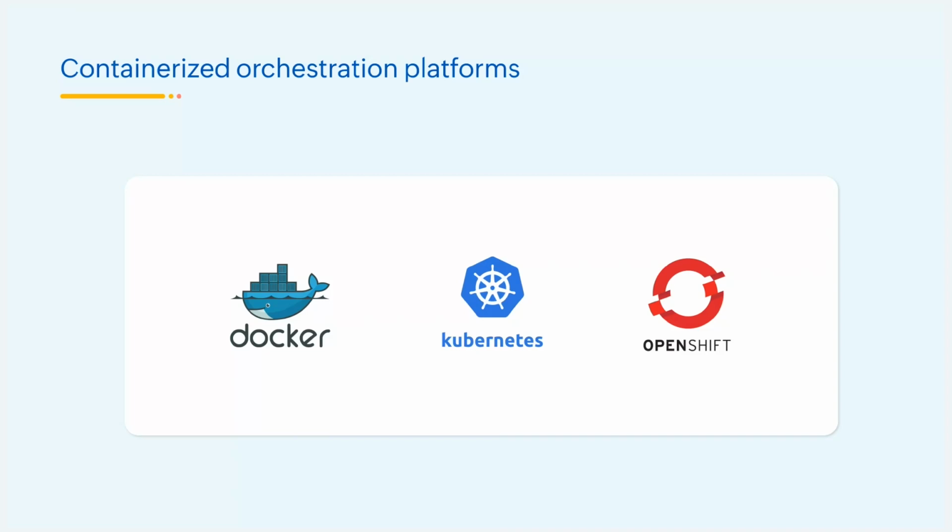Second is Kubernetes, the industry leader in container orchestration. It offers automated deployment, scaling, and management as well. And finally, we have OpenShift, a Kubernetes-based platform with enterprise-grade features, and it also has a lot of security enhancements. Each of these platforms plays a unique role in modern IT infrastructure.